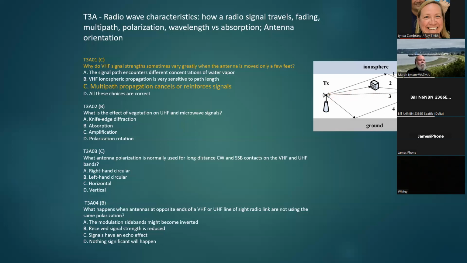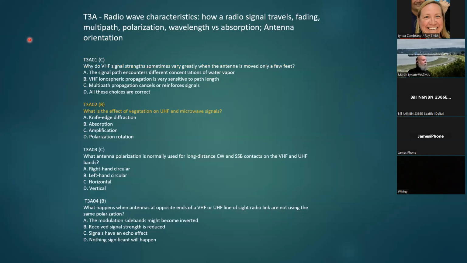You have a direct path, then a path reflecting off a building, and a path reflecting off the ground. These all arrive at the receiving radio at slightly different times, causing distortion or echoes. So if you have a reception that is varying greatly in signal strength, just move a few feet, and generally that will correct the problem.